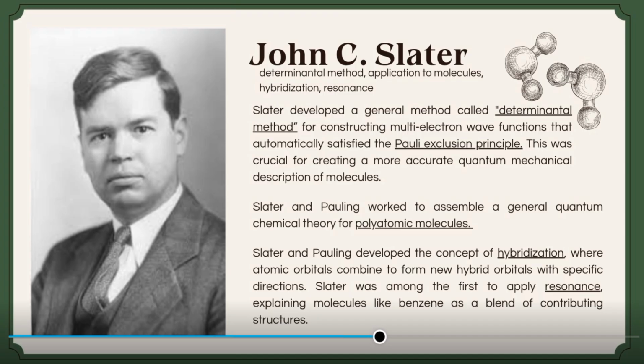Slater also helped define hybridization and resonance, showing how orbitals blend and how structures like benzene can exist as a mix of forms. Basically, if Pauling was the storyteller of chemical bonding, Slater was the mathematician who wrote the language it speaks.